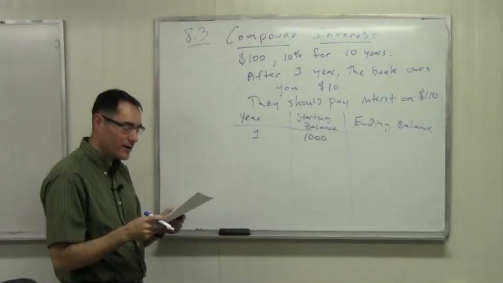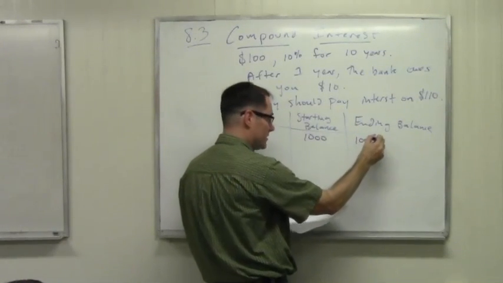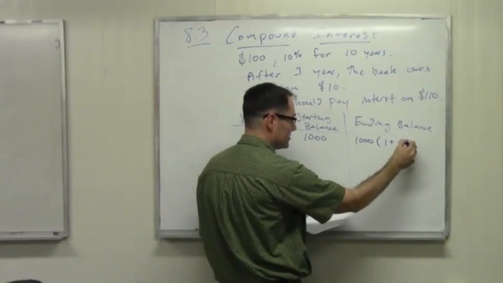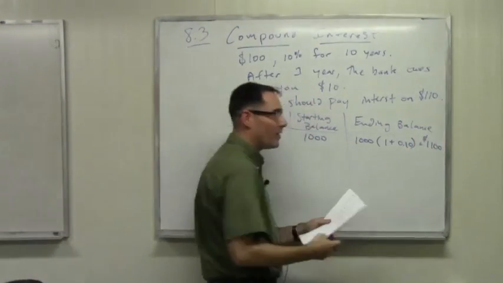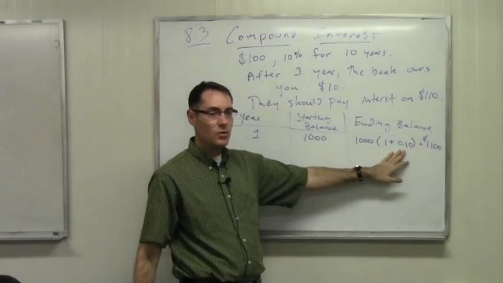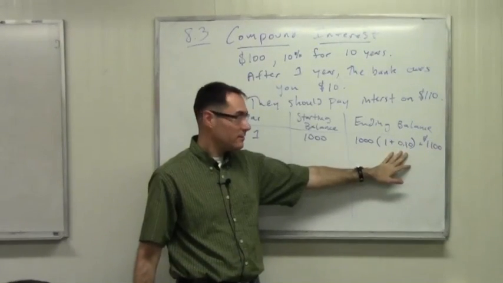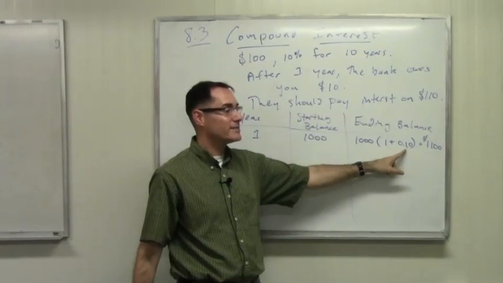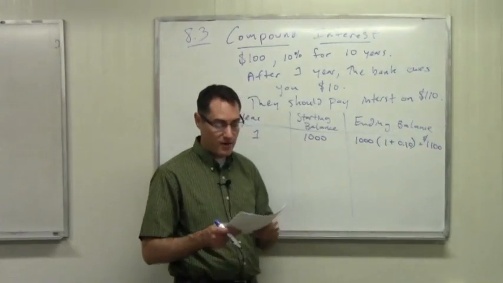At the end of the year, your final balance is 1,000 times 1 plus 0.10, which is $1,100. Why did I get 1,000 times 1 plus 0.10? Well, this is your final value formula: principal times 1 plus the rate times the time, and the time is 1 year. Rate is 0.1. So that's $1,100.